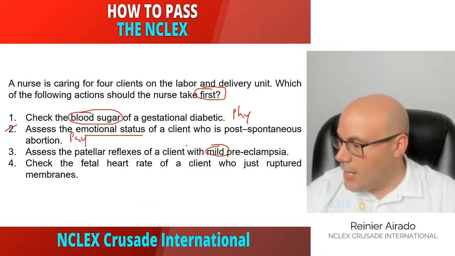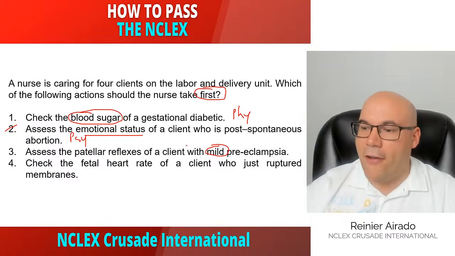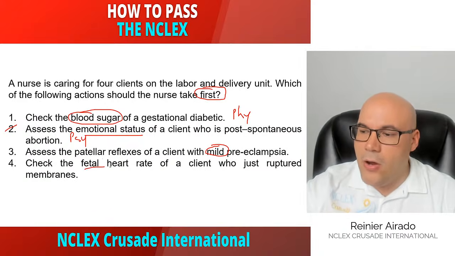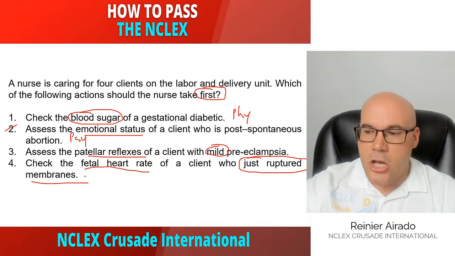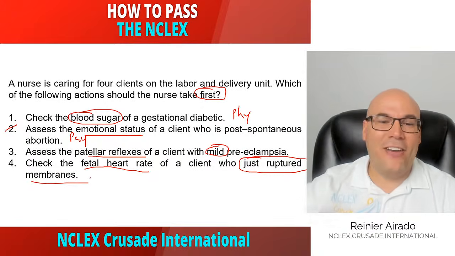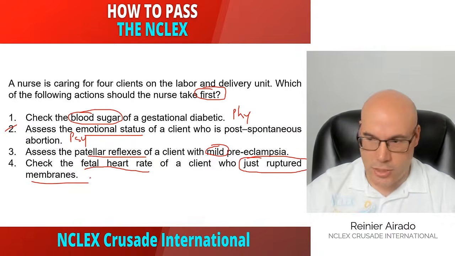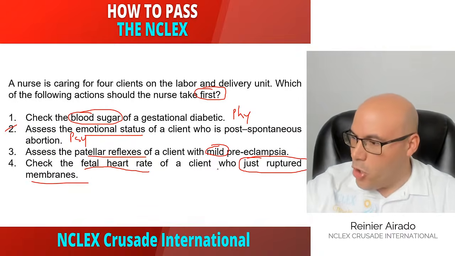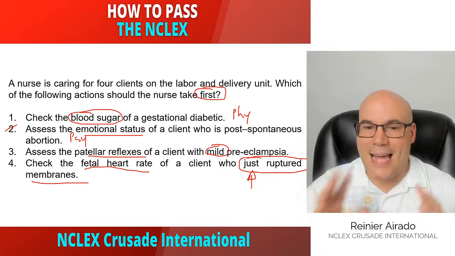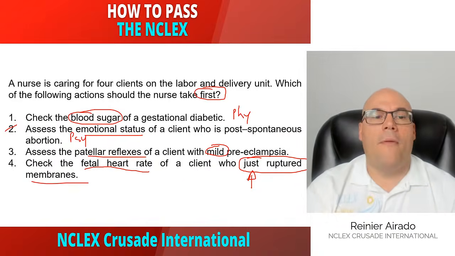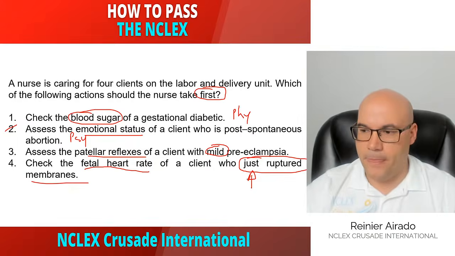And then it says in answer number 4, check the fetal heart rate of a client who just ruptured membranes. So now we have a change in condition, because the words just ruptured membranes indicate that something changed from a previous condition.